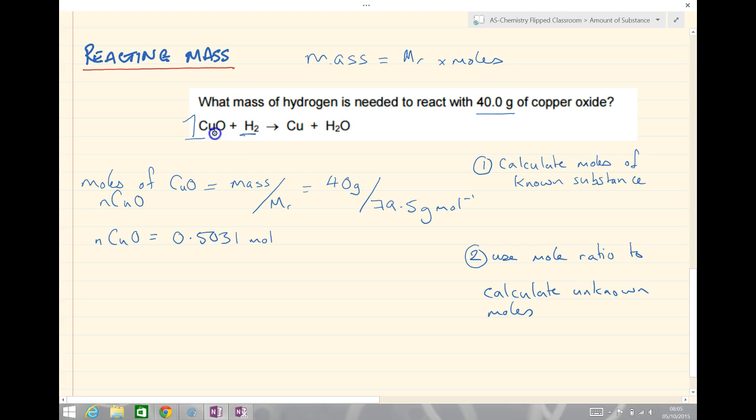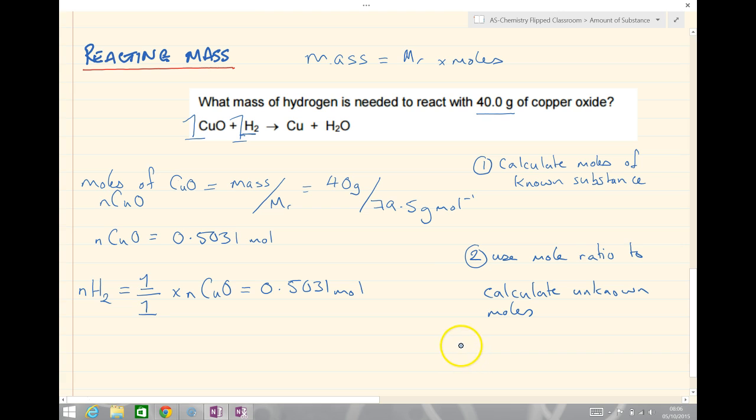That means we've got a 1-to-1 ratio. So the moles of hydrogen is going to be equal to 1 divided by 1, times the moles of copper oxide, which is going to be exactly the same, 0.5031. Obviously an easy example here, but they will get more complicated.